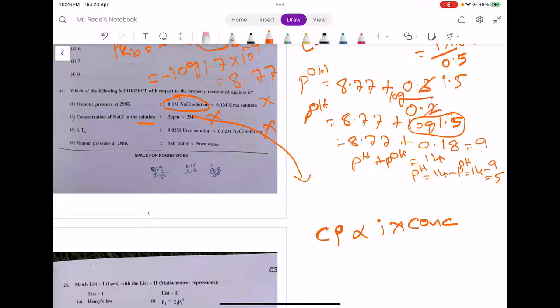Vapor pressure: salt water vapor pressure is lesser than pure water. This is the correct one. Option 4 is correct, because salt forms a layer at the surface of the solution that prevents evaporation.